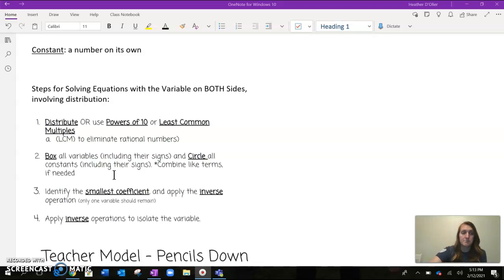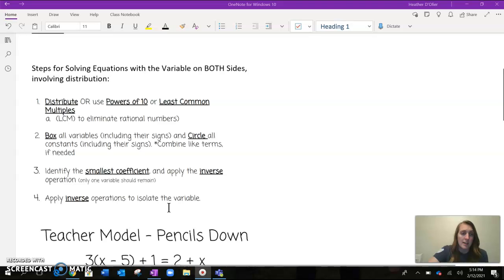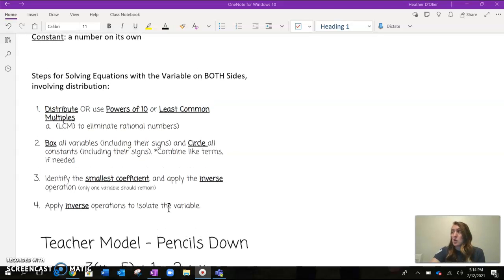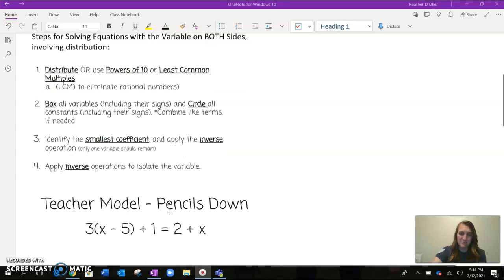After we've done that, identify the smallest coefficient and apply the inverse operation. That'll make it so only one variable is on either side. And then we apply inverse operations to totally isolate the variable, okay?